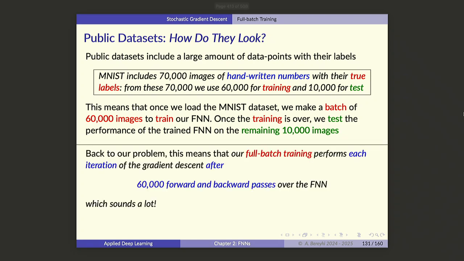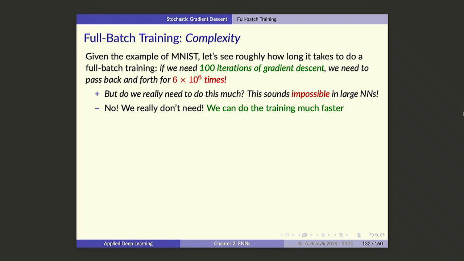So if you want to do this full batch training, then you basically need to do 60K different forward and backward passes in every single step or iteration of your gradient descent, which is not really feasible. As a rule of thumb, say you need 100 iterations until your gradient descent somehow converges. Then in total, you're going to do 6 million forward and backward passes over this architecture, right?